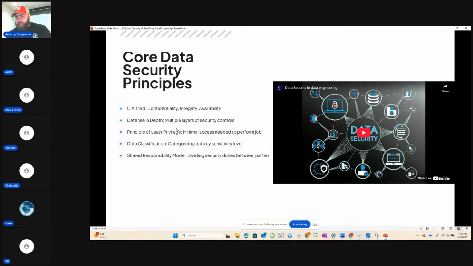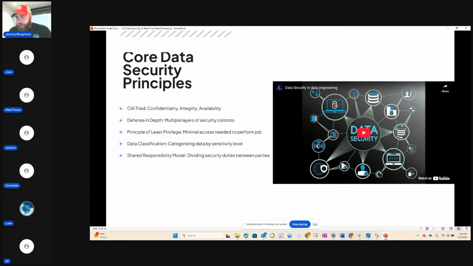And availability is having that data still being available to the right people. So it's really oftentimes the balance between the three. You could lock down everything and nobody would have access, or you can make everything available, but maybe there's no confidentiality or integrity that goes along with it.